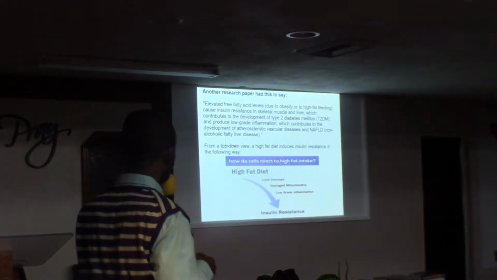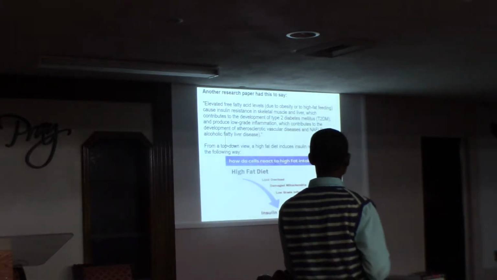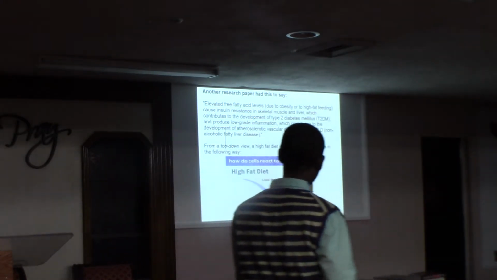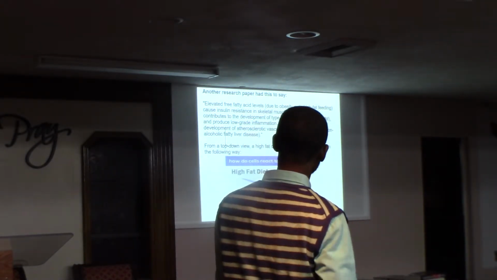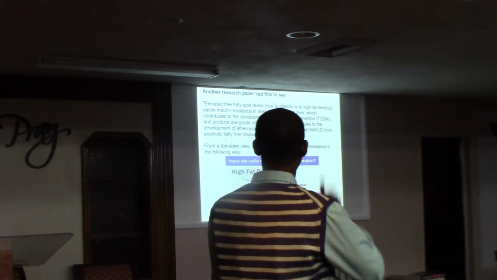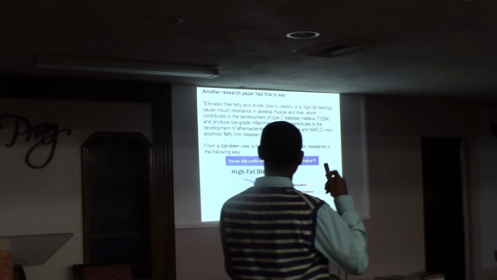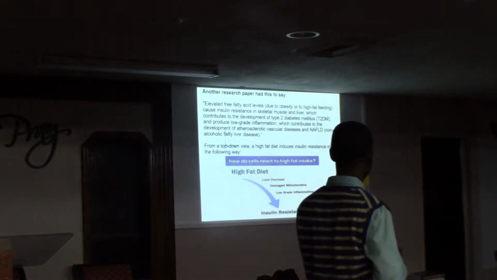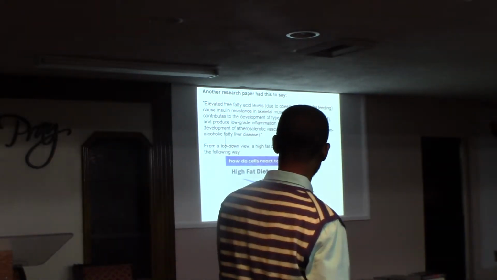Another research paper had this to say: elevated free fatty acid levels due to obesity or to high fat feeding cause insulin resistance in skeletal muscle and liver, which contributes to the development of type 2 diabetes mellitus, and produce low-grade inflammation, which contributes to the development of arteriosclerosis, vascular diseases, and non-alcoholic fatty liver disease.